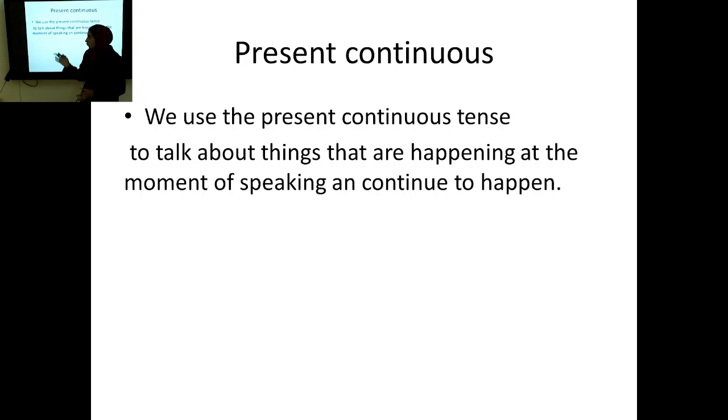Which means when we want to describe an event that is happening now or during the moment of speaking, we must use the present continuous tense. For example, I'm studying English now or right now. I am talking about a continuous action happening in the moment.